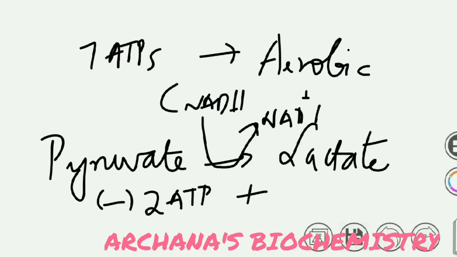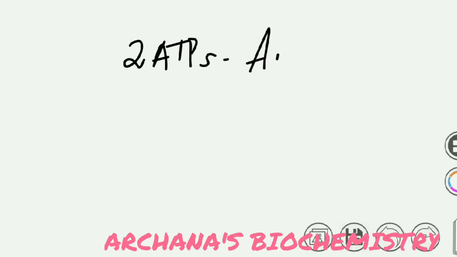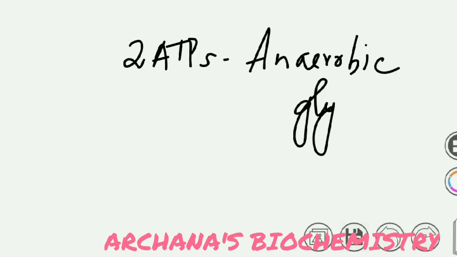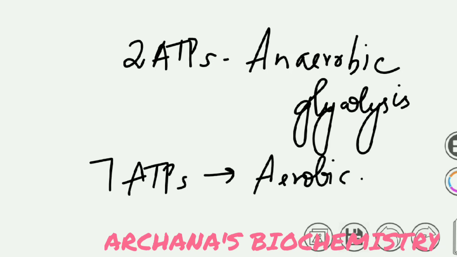Minus 2 ATP, that is 2 ATPs are utilized, plus 4 ATPs which are produced. So your total will be 2 ATPs in anaerobic or oxygen deficient condition. 7 ATPs in aerobic glycolysis.